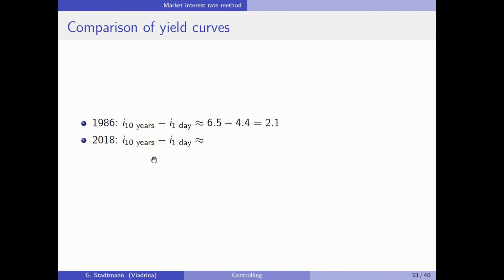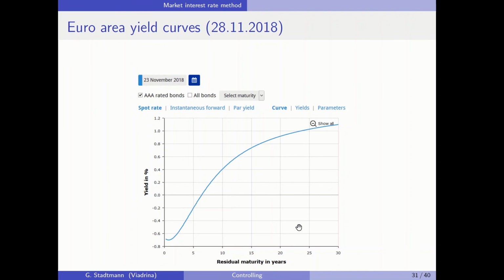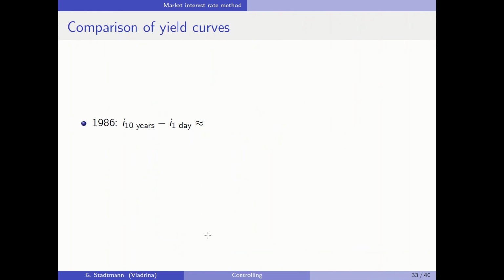How does that look in 2018? The 10-year interest rate is at the level of 0.4% and the short-term interest rate is at the level of minus 0.7%.